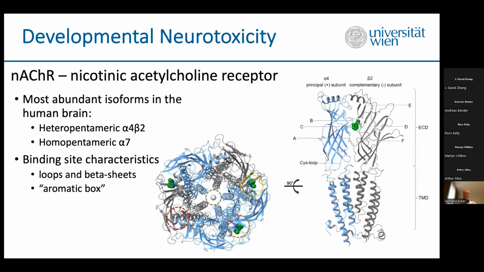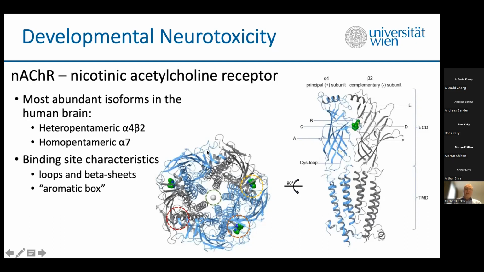It's a pentamer, like the GABA receptor. We did some work on GABA 10 years ago, so it was a bit familiar to us. You have these five subunits, which could be composed of different ones, alpha and beta, so heteropentameric. Alpha 4 beta 2 is one main heteropentameric receptor in the brain, or you have homopentameric alpha 7.